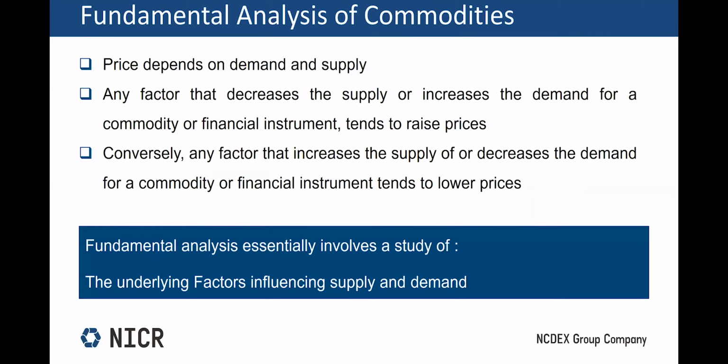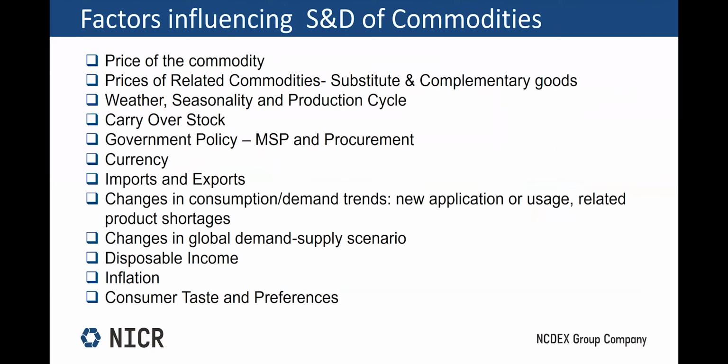That means you need to understand the price of the commodity, how it has moved over a period of time, and the price of substitute commodities, as we talked about earlier. For example, if you are producing feed and maize price is going up, you might buy bajra, or if chana price is going up and you are a besan manufacturer, you buy yellow peas, which are cheaper and a substitute.